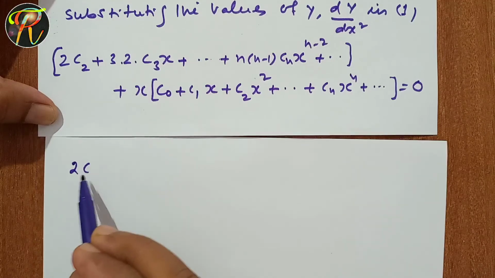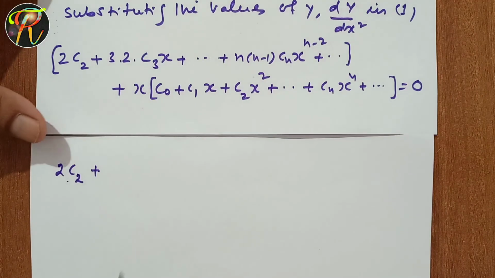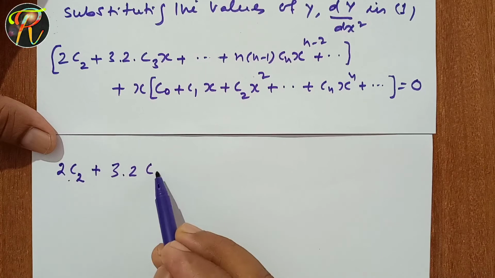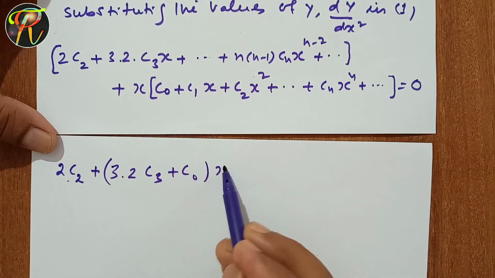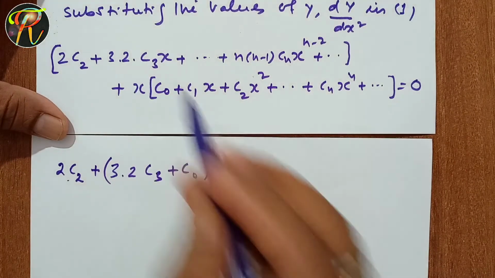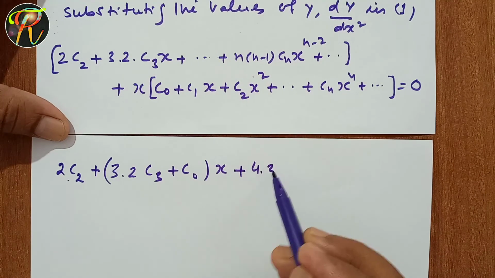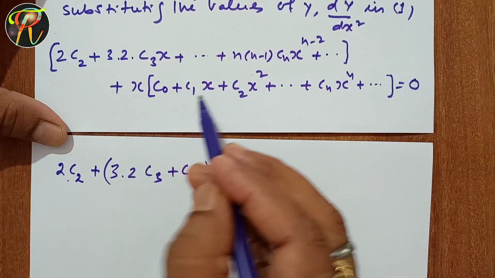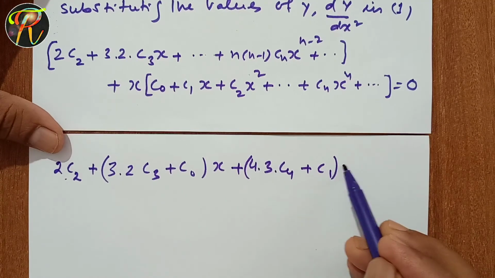Then the coefficient of x is 3 into 2 c3 plus c0. Now the coefficient of x square is 4 into 3 c4 plus c1.